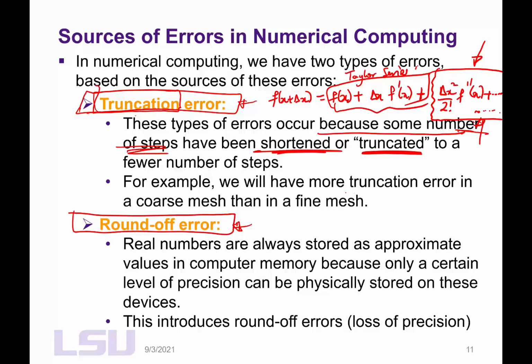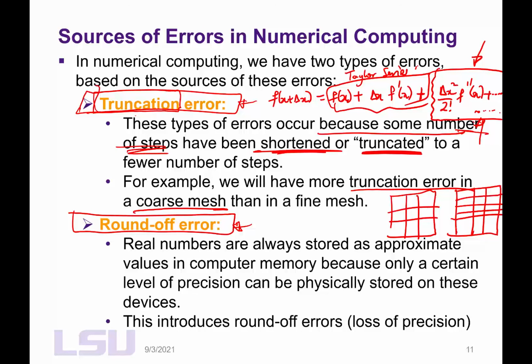In general, we have more truncation error in a coarse mesh than in a fine mesh. What is a coarse mesh? If you were to simulate this domain with 9 grid blocks, that could be a coarse grid. Same 9 grid blocks. What if we divide each grid block into 2? Which will have more truncation error, this one. Why? Because truncation error, as you can probably see from here, is a function of delta x.